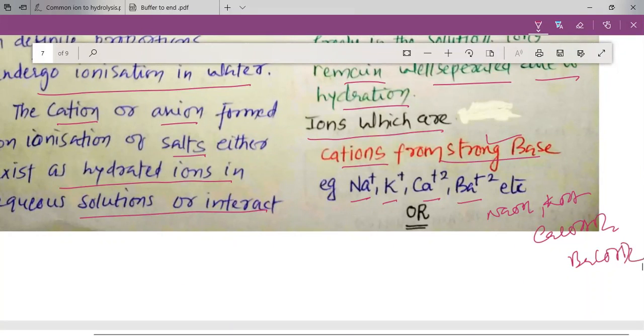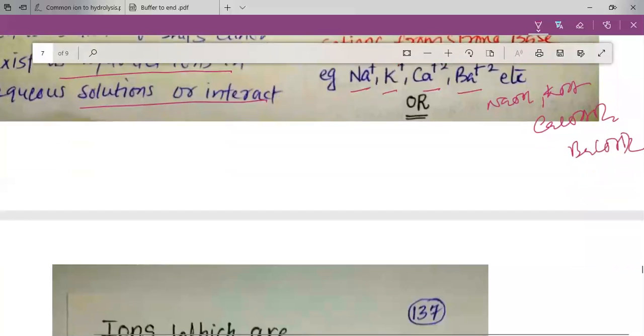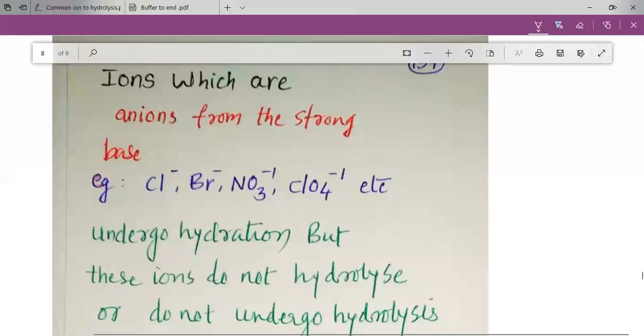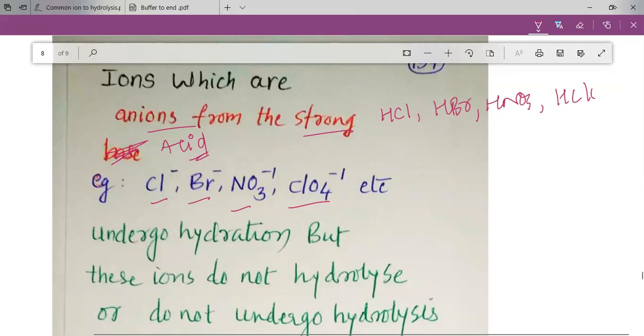So cations coming from the strong base and ions which are anions from the strong acids, like Cl minus, Br minus, NO3 minus. So we have the strong acids like HCl, HBr, HNO3, HClO4.